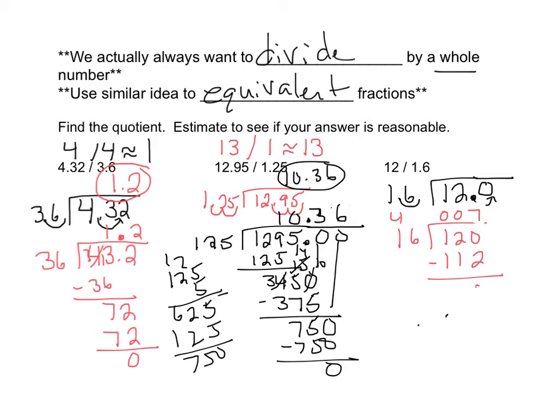So 120 minus 112 would be 8. Now we're going to add in our decimal point and a 0. 16 can go into 80. Let's see, about 5 times. 5 times 16 is 80. I have 0 left. So our final answer would be 7 and 5 tenths.